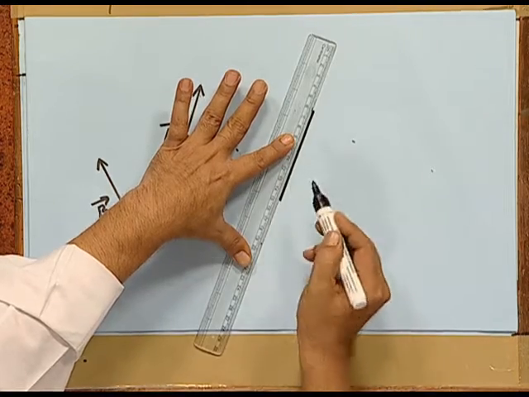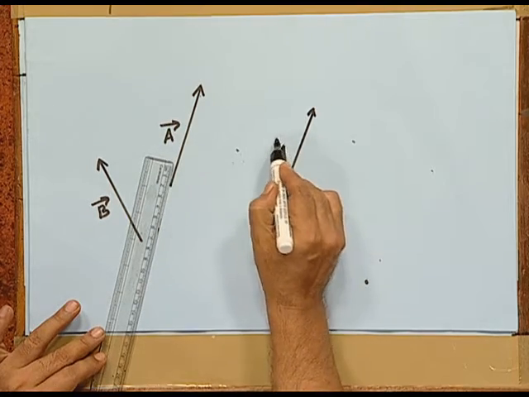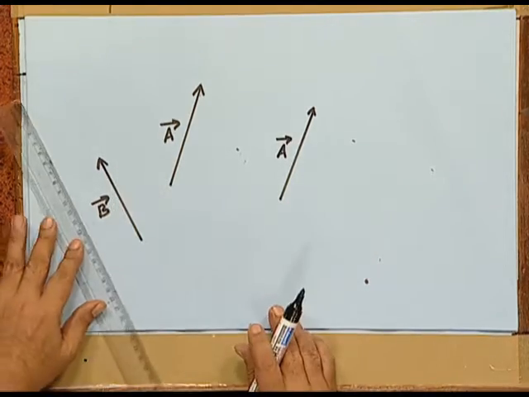You can do it also by another method, what is called the parallelogram method of vector addition. Now, what is that? Construct the parallelogram with A as one side and B as another side. How do you do it? Transfer this vector A to some other point having the same magnitude and the same direction. So, this is vector A.